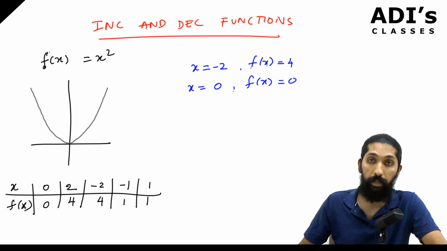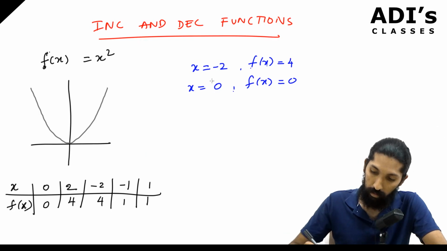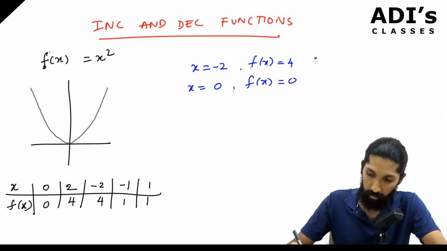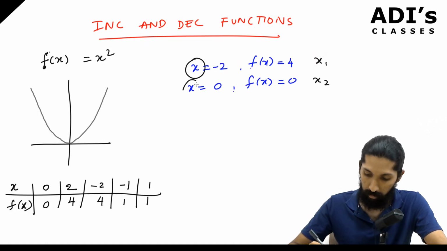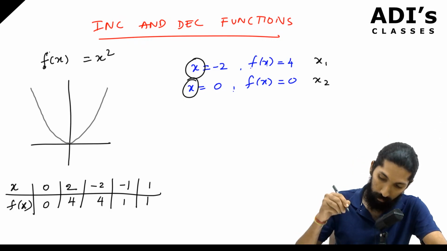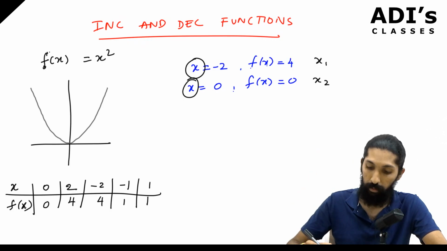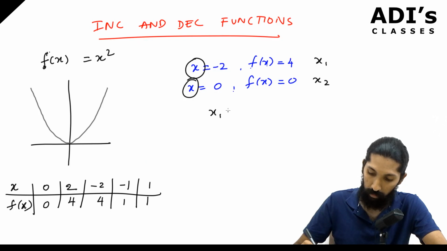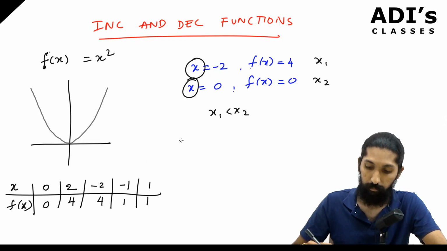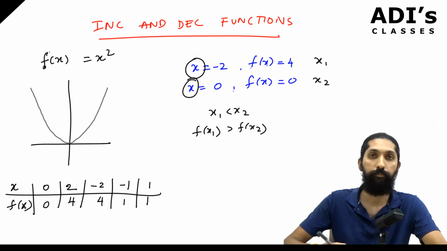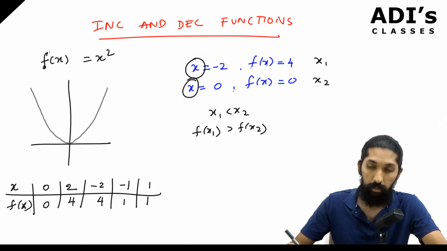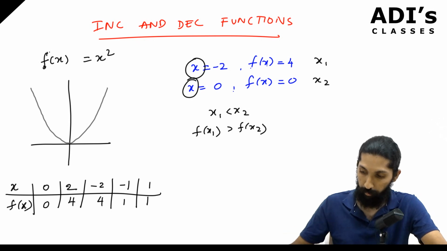Now, what we are looking at here is x1 and x2. In this example, x1 is less than x2, correct? Minus 2 is less than 0. And f of x1 is greater than f of x2, isn't it? Because 4 and 0.